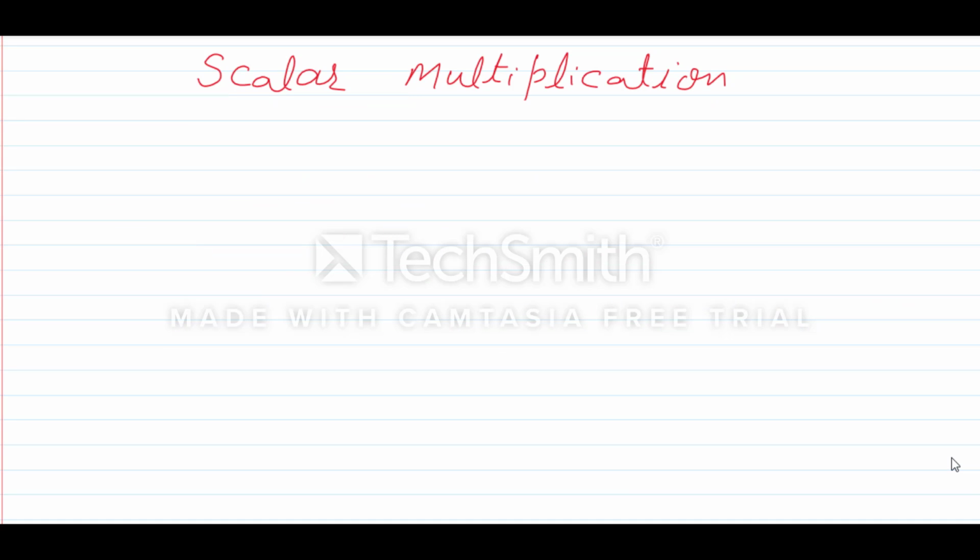Students, our next topic is scalar multiplication. We can multiply a scalar m with a vector A. If we will multiply this scalar m with vector A, then each component of vector A will also be multiplied with this scalar.